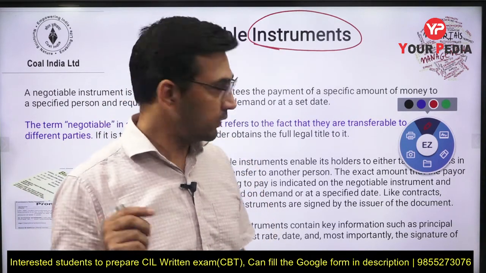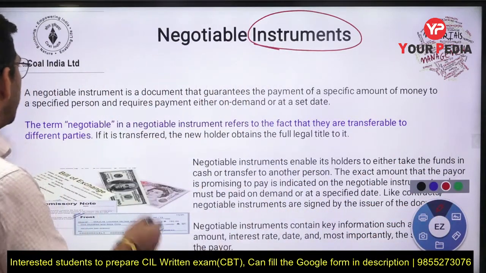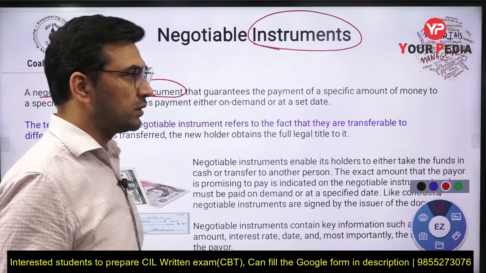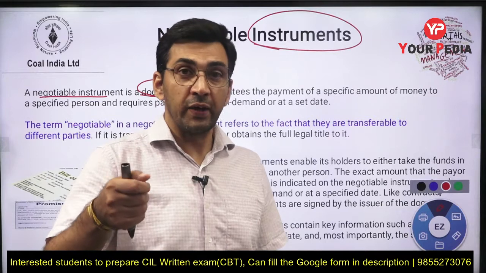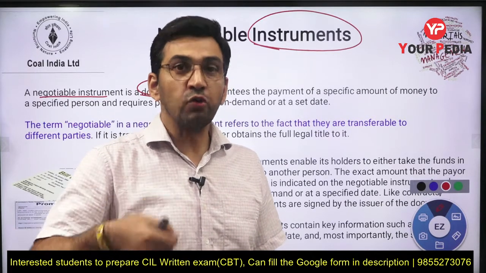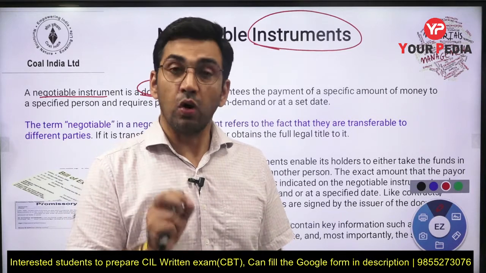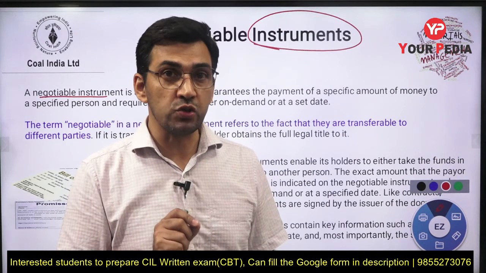That's all. So just have a look at this statement: a negotiable instrument is a document. Don't get confused by the word document. You are not making payment in the form of cash. For example, all of you know about the check. A check is also a kind of negotiable instrument.